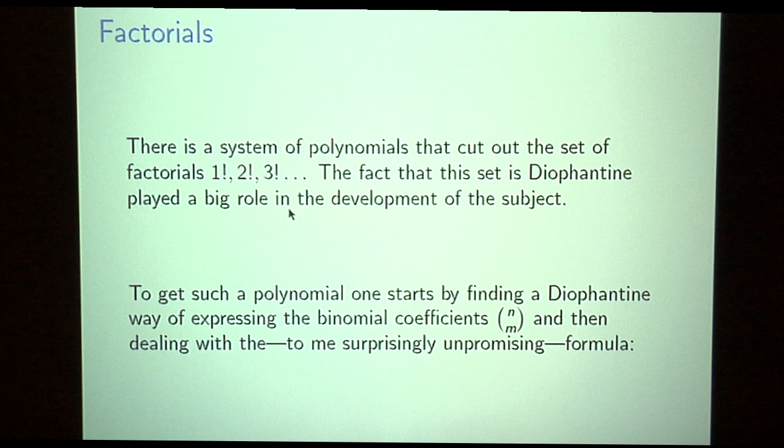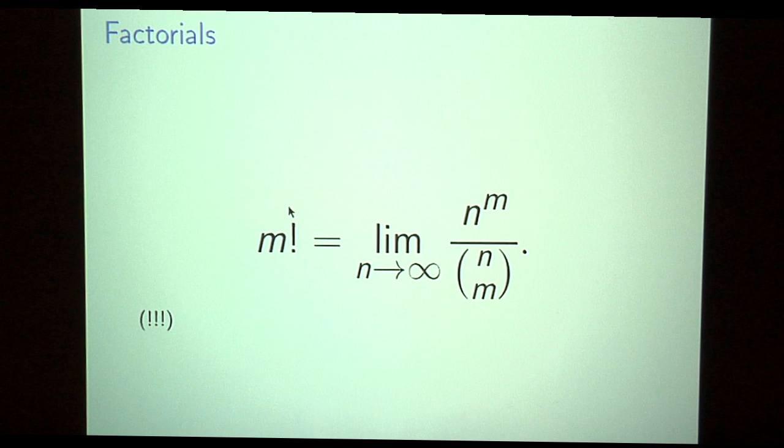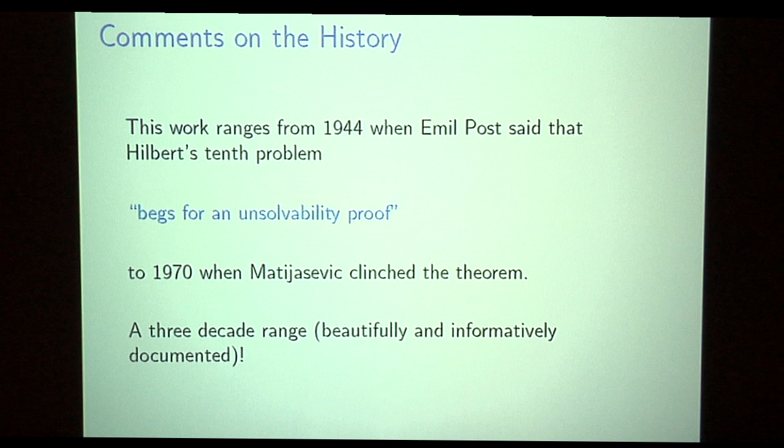And then you play with the following totally unpromising, you would think, formula, that the factorial is a limit of n to the m over a concoction made out of binomial coefficients, and somehow you deal. Now that's part of the legacy of the subject, how they do that.